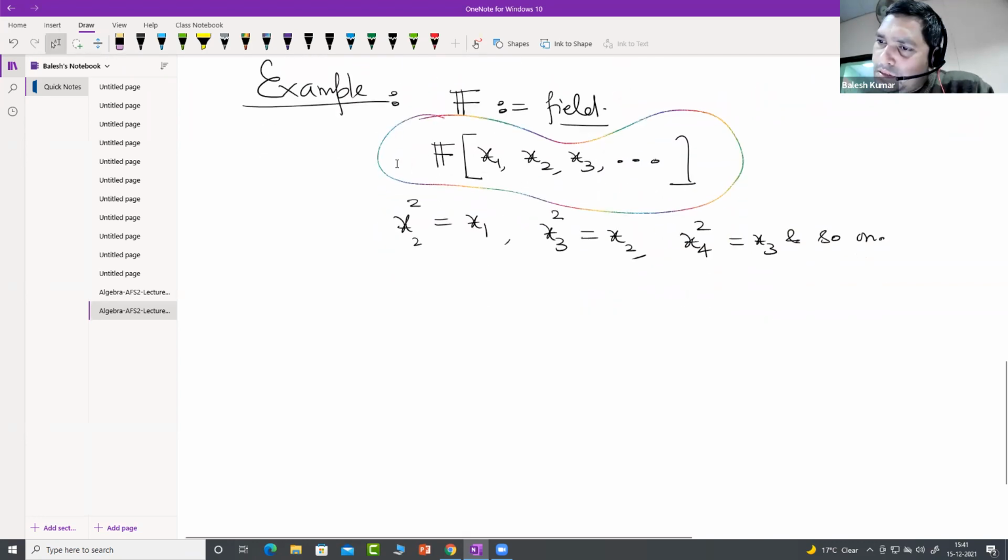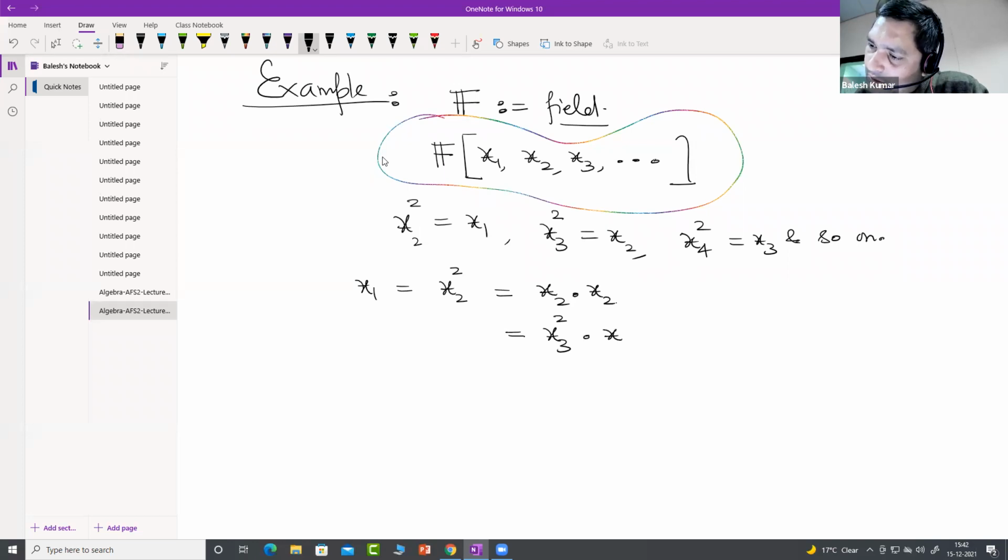Now in this ring, if you take x1, by the very relation it has the form x2 squared, which is x2 times x2. Now x2 is x3 squared, so we can write it as x3 squared times x3 squared.